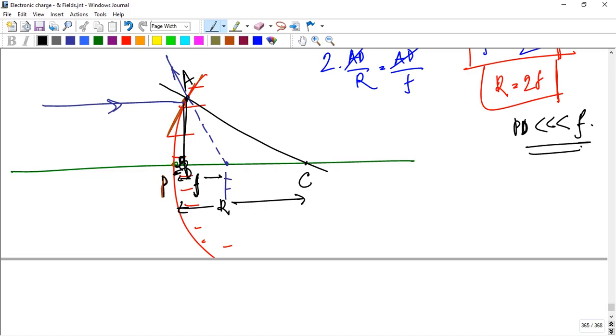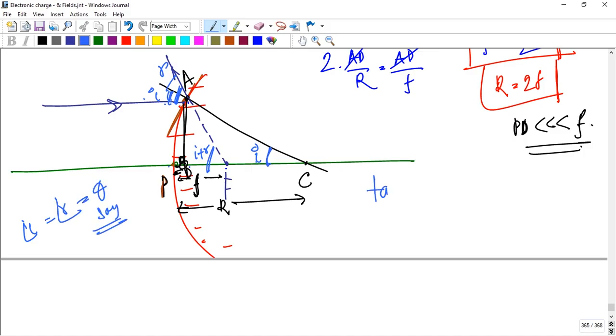So similar conditions here. Now triangle ADF, and similarly, first we put I and R. This line is parallel, so this angle is I, and this angle is also I plus R, with I equal to R equal to theta from the laws of reflection.